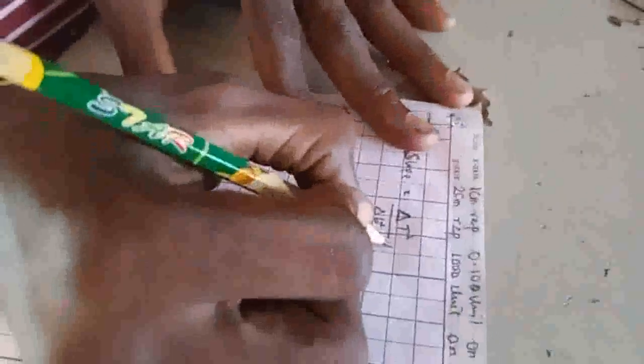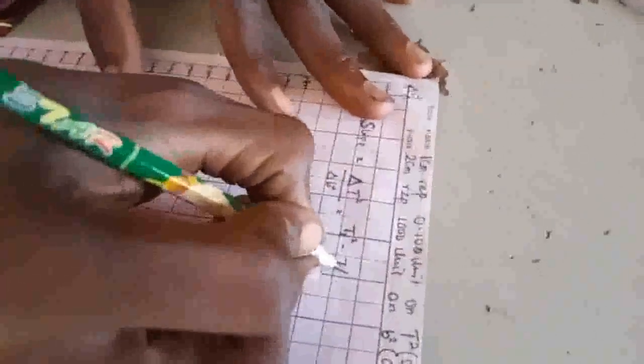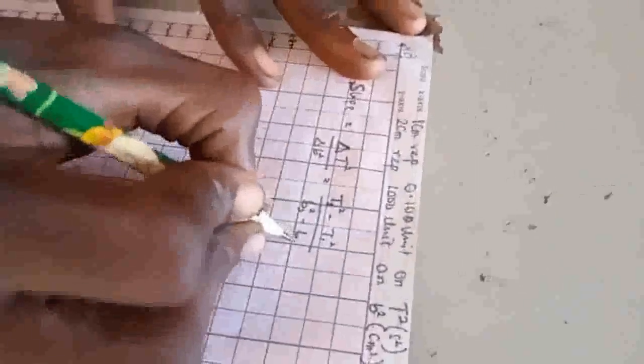Now, my slope of the experiment is given as change in the vertical axis, change in T square over change in B square. In this case, I have my change in T square, which is equal to T2 square minus T1 square all over B2 square minus B1 square.